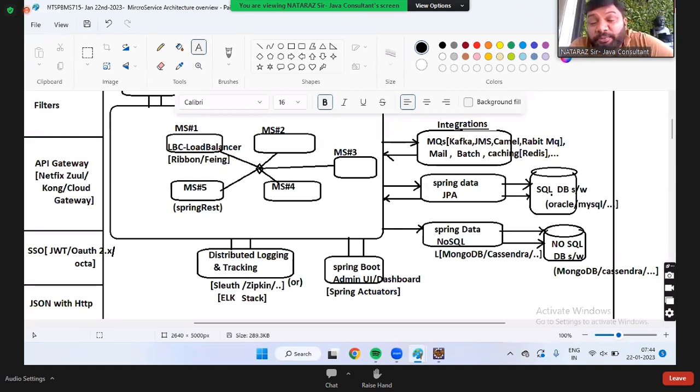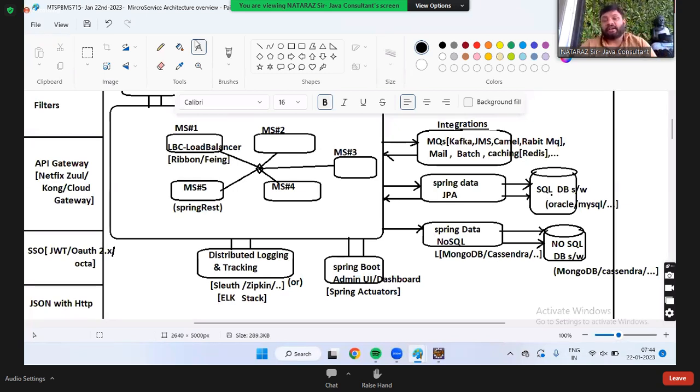For that in Spring Boot, what facility is there? Actuators are there. Actuators do not provide a great UI, a great user interface. I want to provide one UI enjoying all the actuators.